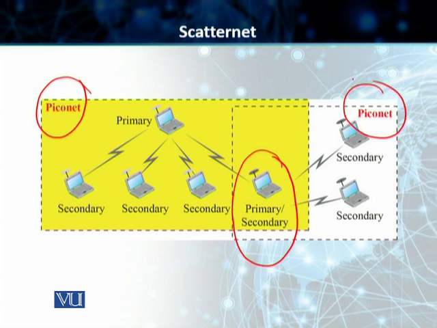So a secondary station in one Piconet can be a primary in another Piconet, and this station can receive messages from this Piconet number 1, and it can transmit or relay messages to all the other secondaries in Piconet number 2. So therefore, a station can be a member of 2 Piconets, as you can see in this slide.